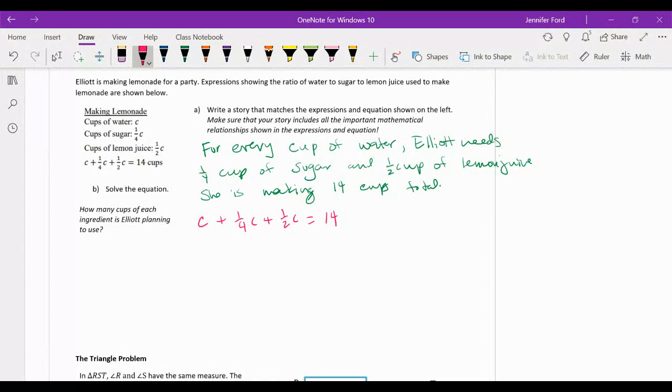And for this problem, because we've been talking about how to deal with fractions, I'm going to clear the fractions by finding a common denominator. If you used a different strategy, that's totally fine. You can have lots of different solution paths. It doesn't matter what solution path you use, we should get the same answer.